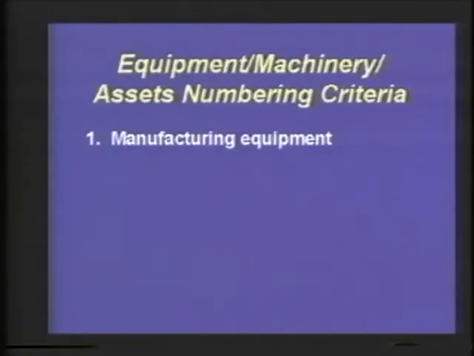Now, turning to page number 3, we're going to take a look at some assets that you may want to consider in your asset part numbering program. The first one would pertain to manufacturing equipment.